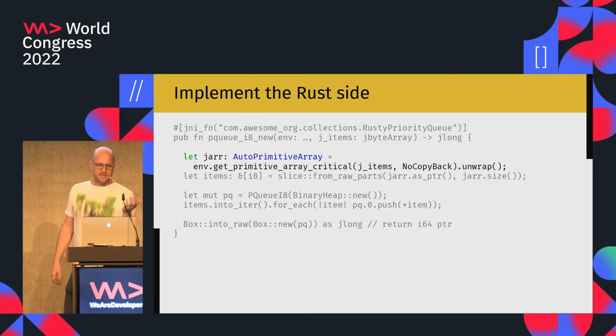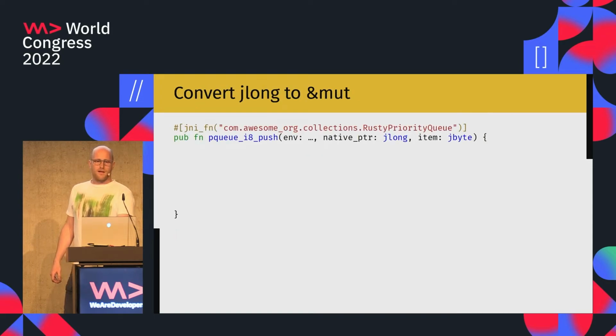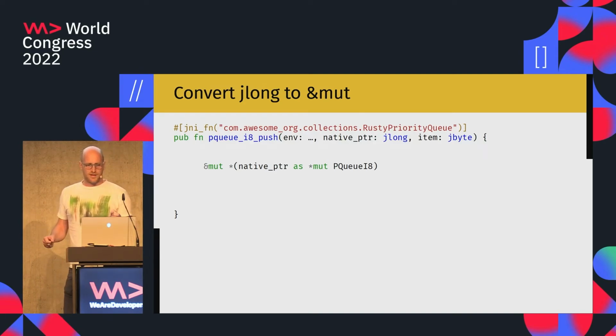If we change the previous example, we basically just need to change this function line and function call and the return type. The signature stays the same. We get the pointer and the size similarly, so we can easily try out both. For the push implementation, we have to cast the pointer which we receive from Java to the mutable PQ<i8> pointer, and then we dereference it and create a mutable reference from it.